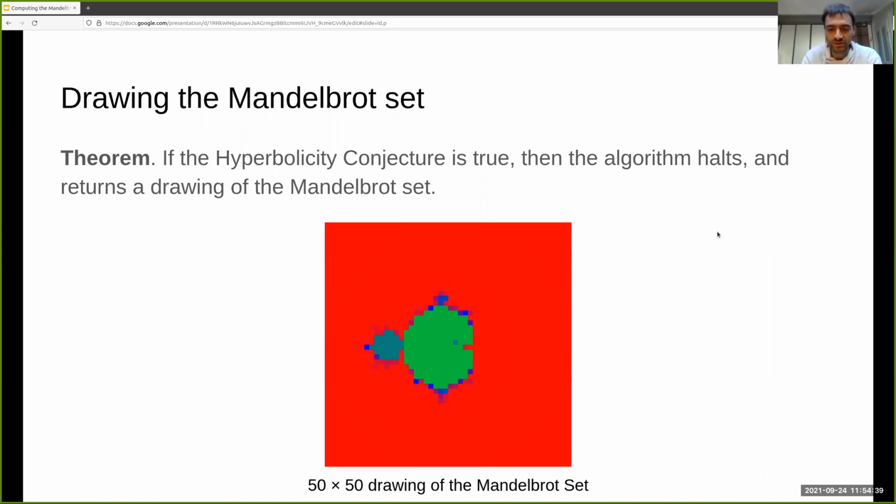No, I was asking whether people have studied, because people have studied the complexity of Julia sets, for instance. Yes. But what about the Mandelbrot set? I'm assuming that the hyperbolicity conjecture is true.